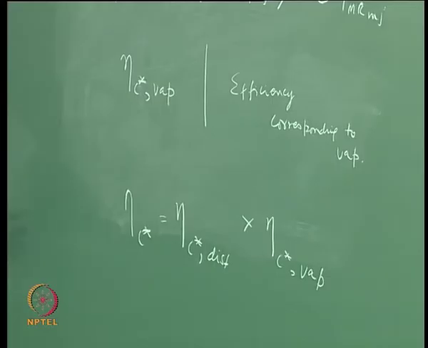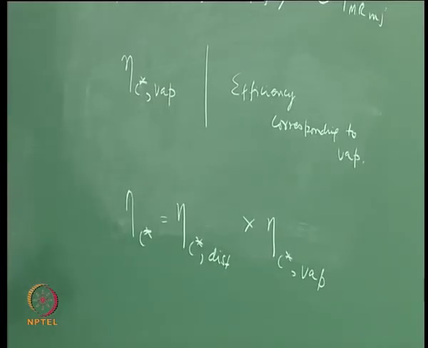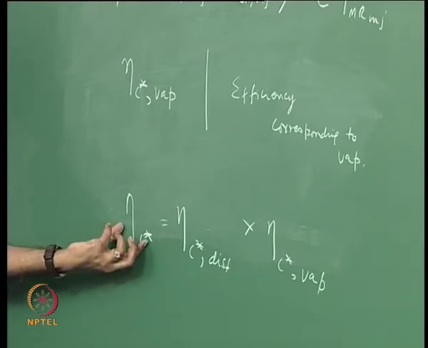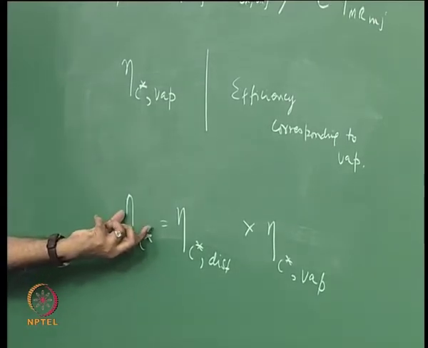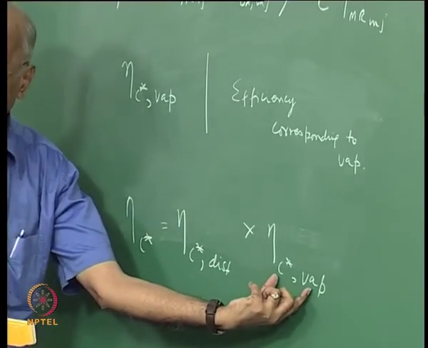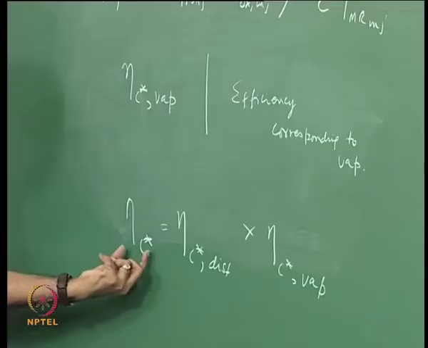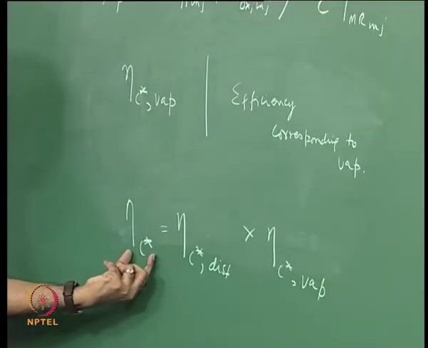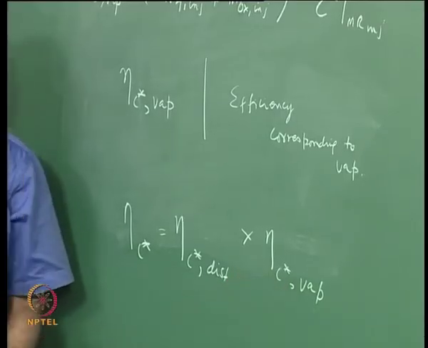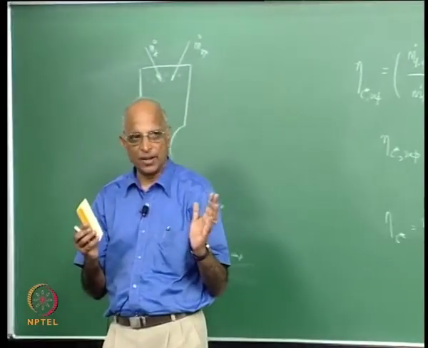See, I did not consider diffusion, mixing, and I did not consider chemical reactions because chemical reactions and diffusion are somewhat much faster than evaporation, and therefore evaporation tends to be the controlling thing, and that is why we say the total efficiency of C star is equal to that due to distribution and that due to vaporization. I think this we must keep in mind.